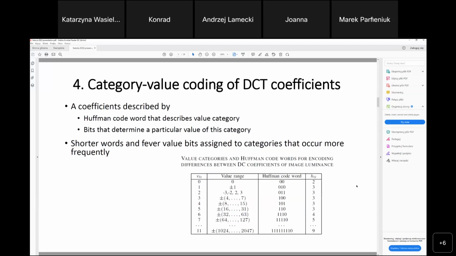Namely, values of coefficients are coded indirectly by using one Huffman codeword that describes the value category, and then this codeword is followed by bits that determine a particular value of this category.